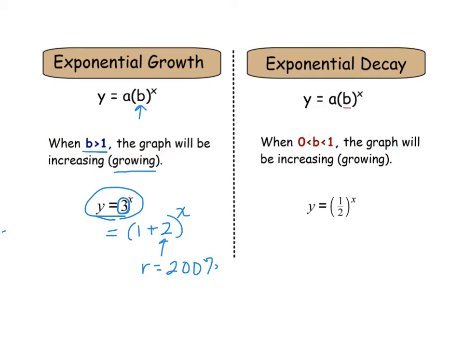If this base number with the exponent is between 0 and 1, like right here, it's 1/2 raised to the x power, it will be decreasing, or decaying. So you should be able to look at these equations and immediately know, by looking at the base number of the exponent, is it growing or is it decaying?